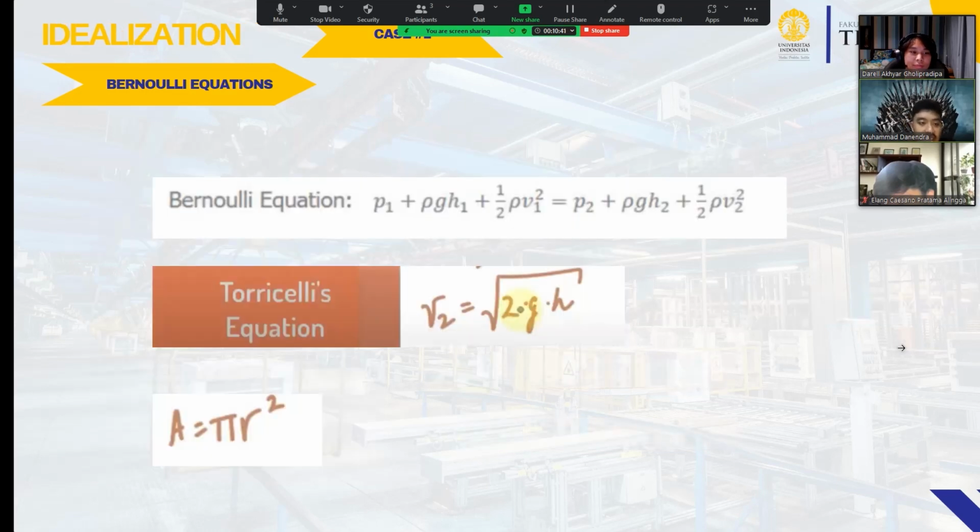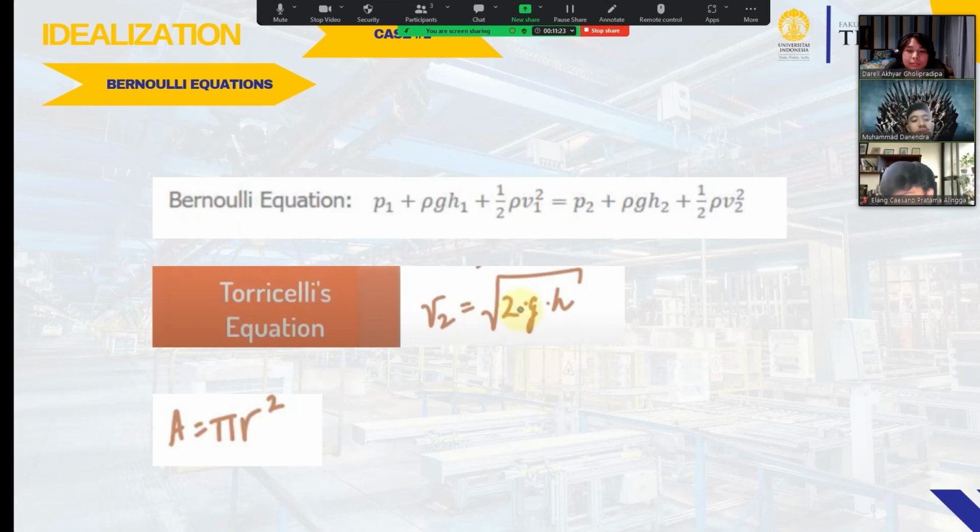Okay, next. Now we've come to the idealization. The Bernoulli equation here is p1 plus rho times gravity times height 1 plus half times rho times velocity 1 squared, equal to p2 plus rho times gravity times height 2 plus half times rho times velocity 2 squared.